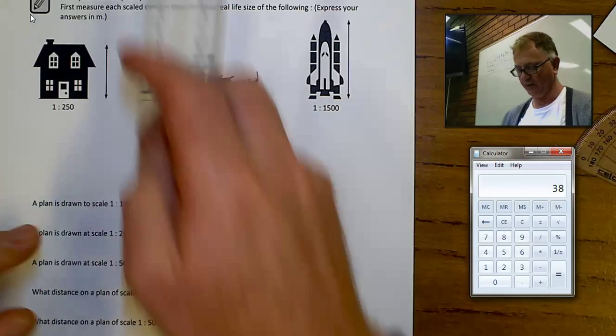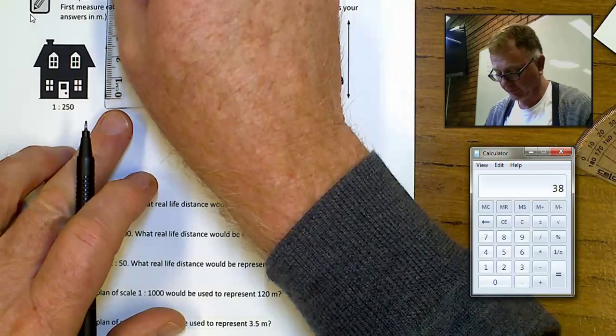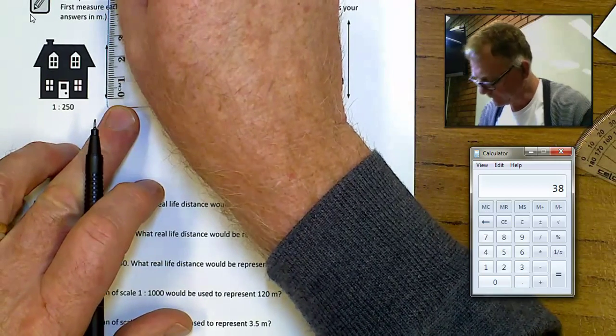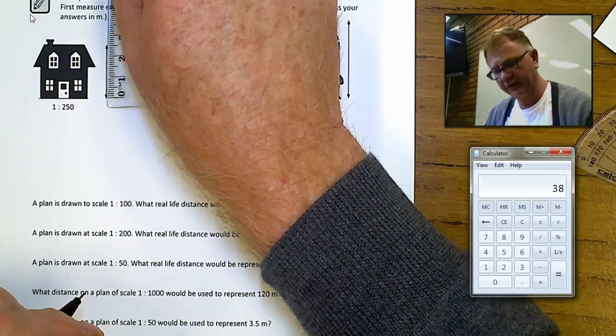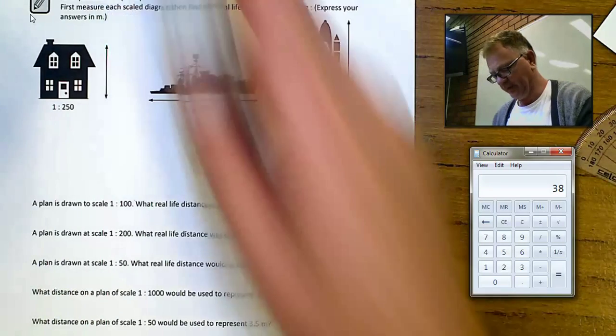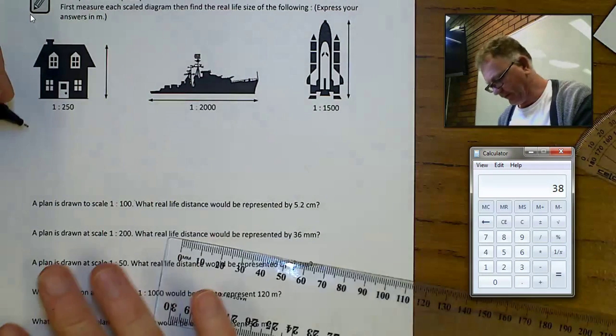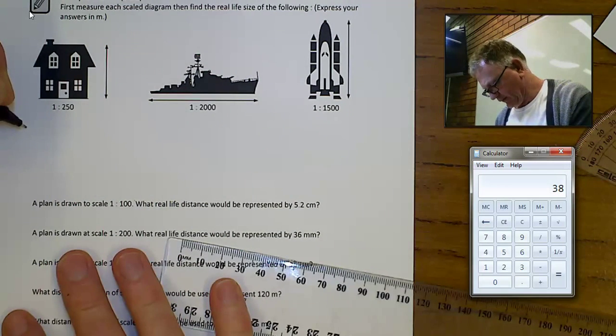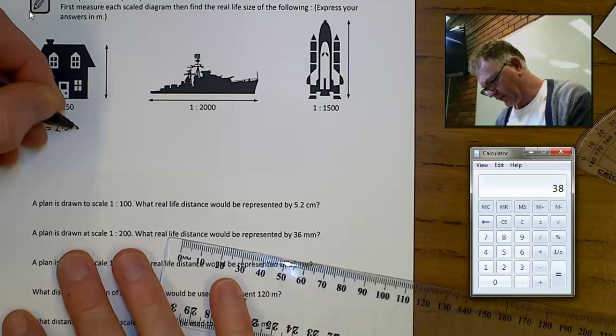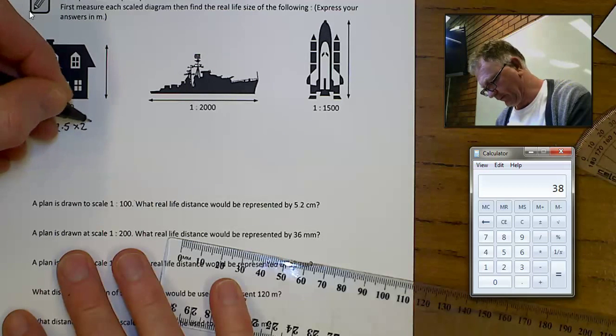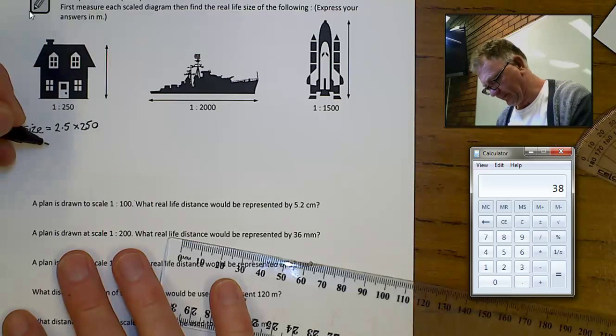So let's have a look at the size on the diagram to start off with here. Now I'll make that being 2.5 centimetres. So that means that its real life size is equal to 2.5 centimetres times by 250, because that's the scale.